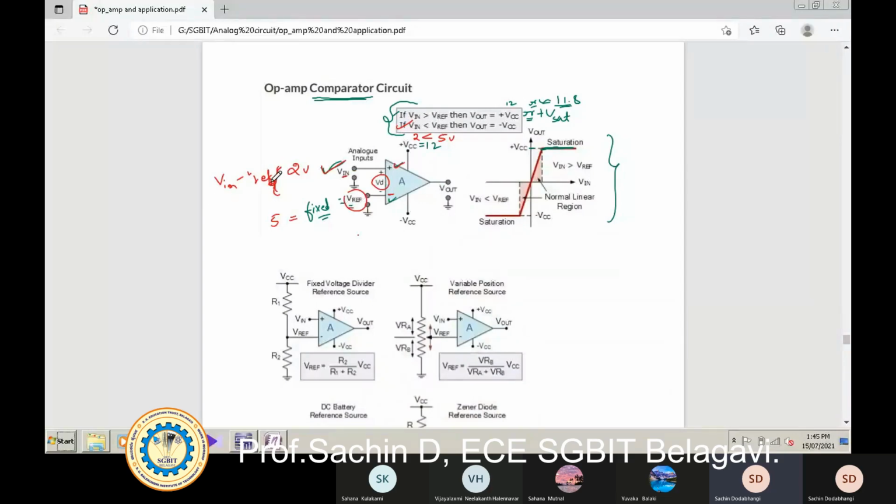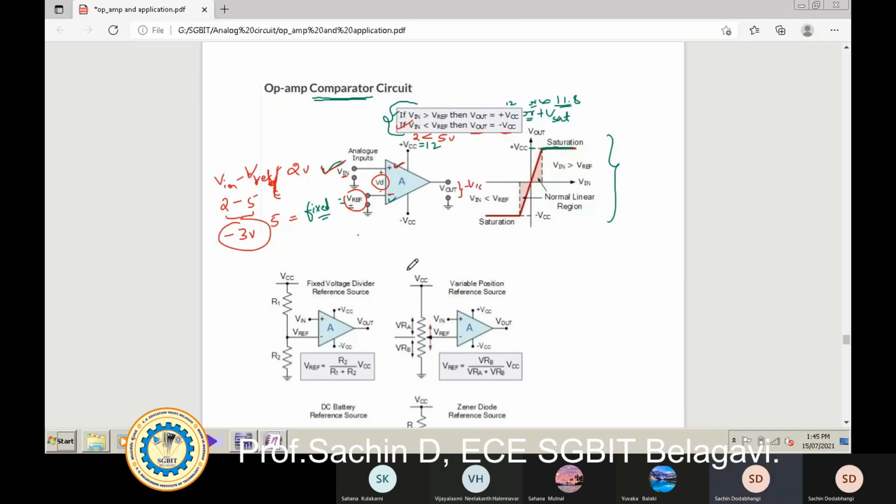So it takes the difference, V input minus V reference. V input is 2 minus V reference is 5, so I get minus 3 volt. So I'm applying negative voltage. If negative voltage is applied, output voltage will be minus VCC.